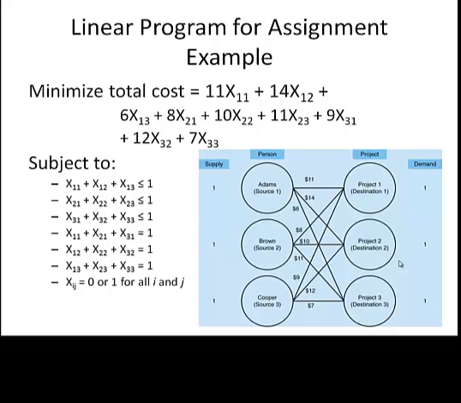Whereas my demand says that project 1 plus project 2 plus project 3 associated with the people can only demand 1 person. And then of course the last thing we have is our non-negativity constraints.